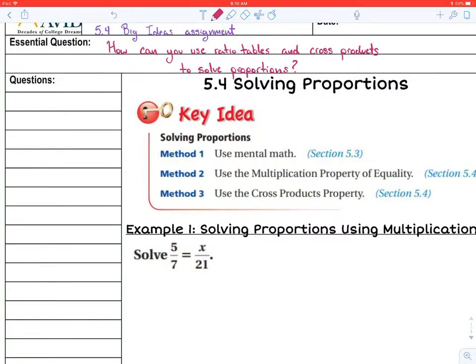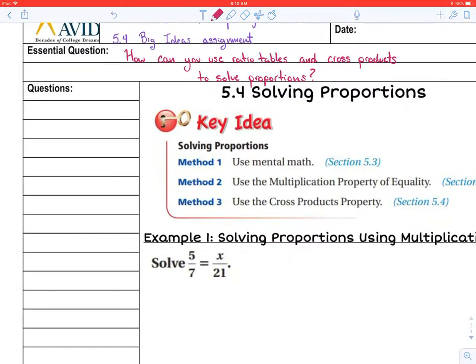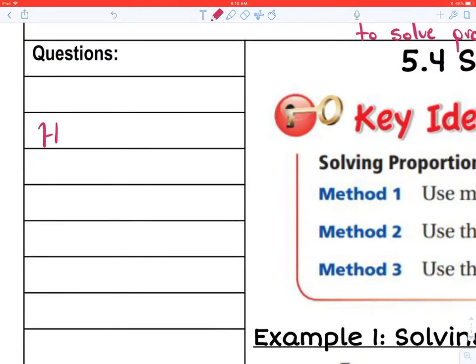All right, so we have our key idea here, and that key idea tells us that there are 3 different methods for solving proportions. And just as a reminder, a proportion is where one ratio is equal to another ratio. So let's remind ourselves by putting that in our questions. How do we define a proportion?